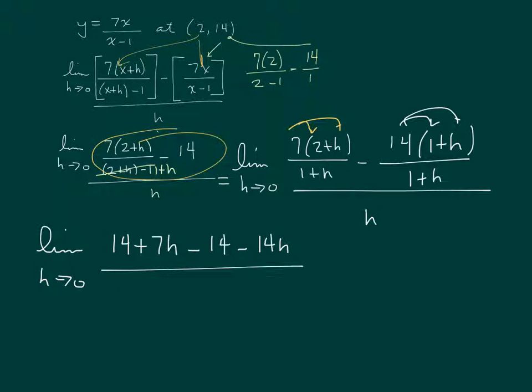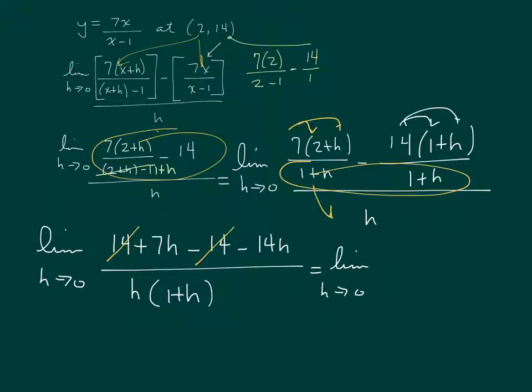And now I'm going to carry my denominator to the bottom. So the bottom's going to become h times 1 plus h. So I have the limit as h approaches 0. Let's combine like terms. I'm going to have negative 7h, because 7h minus 14h.